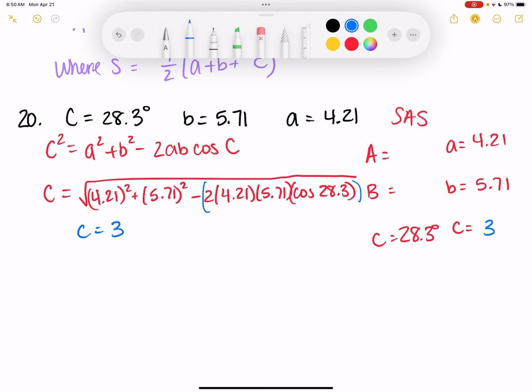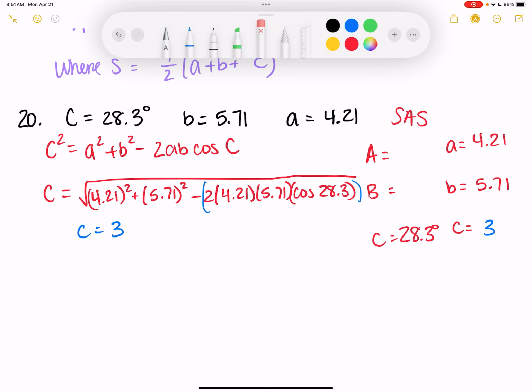Anyways, when I finally got to typing in the cosine of 28.3, I would have realized that it should have been somewhere in the order of 0.8, and it would not have been equal to that because I was in radian mode.